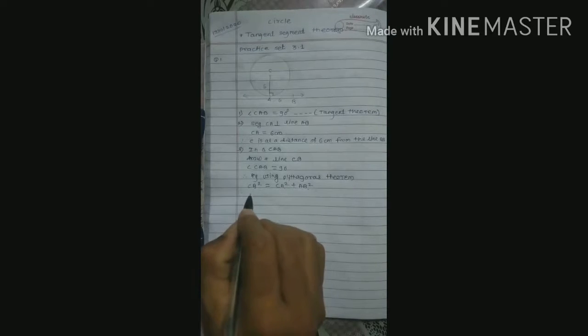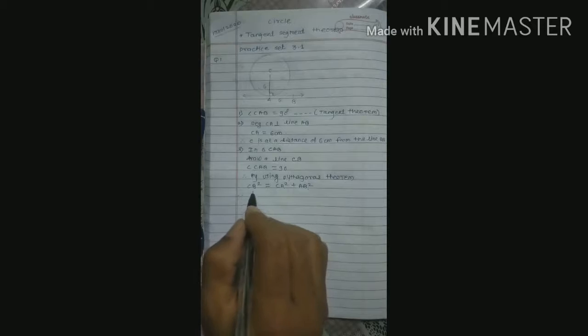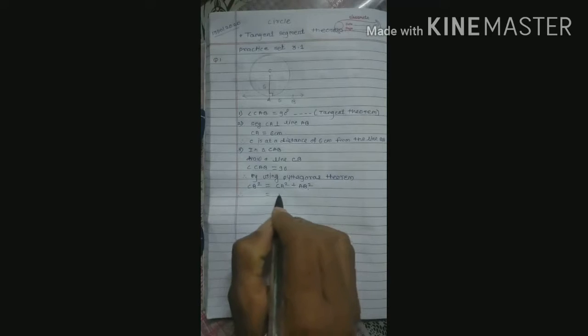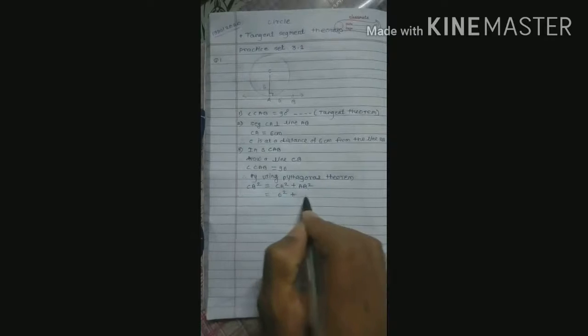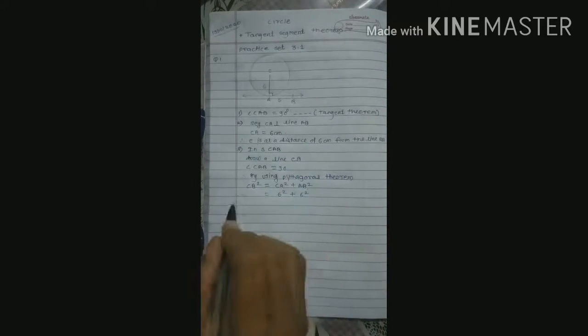Then we should add the values here. CA square means the radius of the circle is 6 square and AB square is also 6 square.